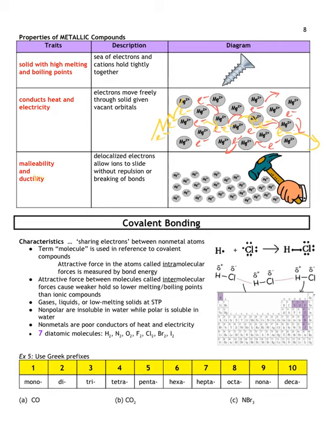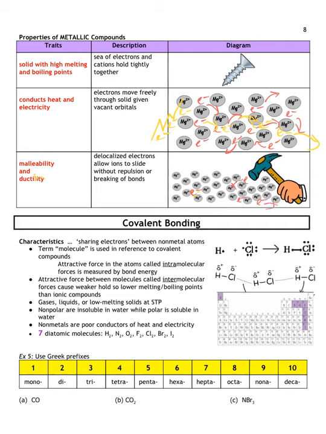Metals are also very malleable. The malleability of metals and conductivity occur because these delocalized electrons allow ions to slide without repulsion or breaking of the bonds. So with these delocalized electrons, I can easily take a hammer and move these metals about because of the mobile delocalized electrons.